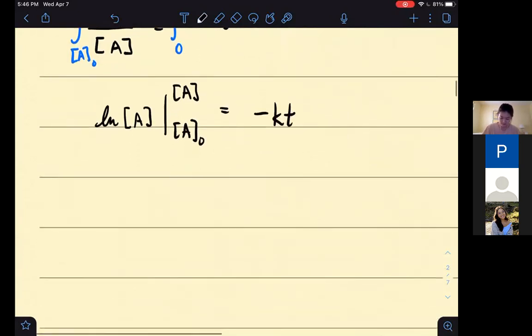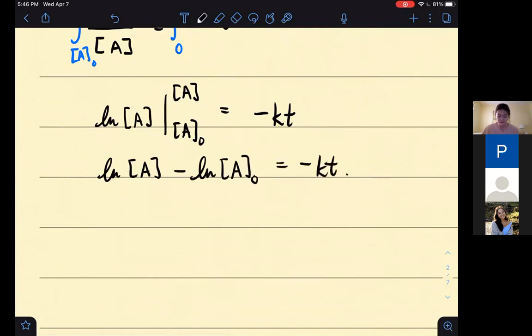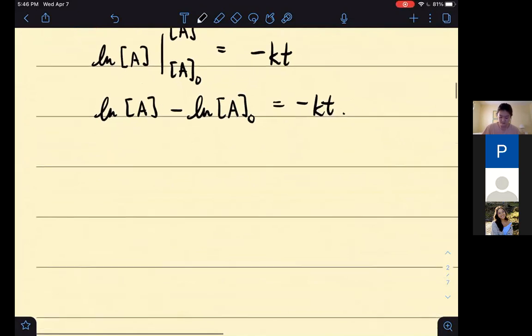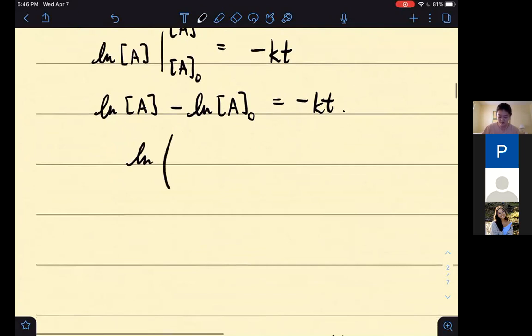So here we would get ln of A minus ln of the initial concentration equals minus kt. But notice that the difference of two logs, you can just put it into one term like this.